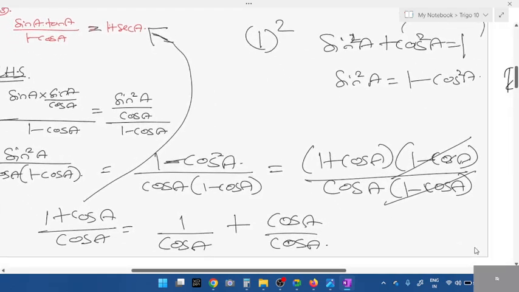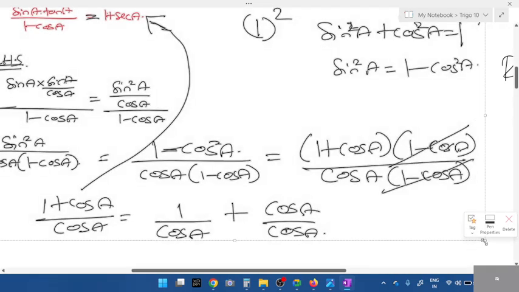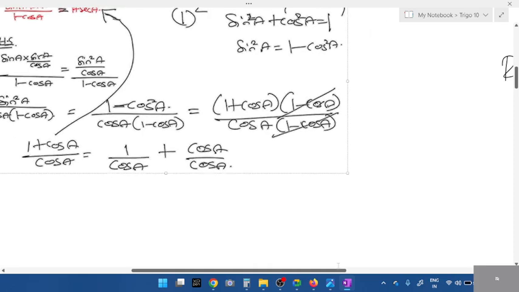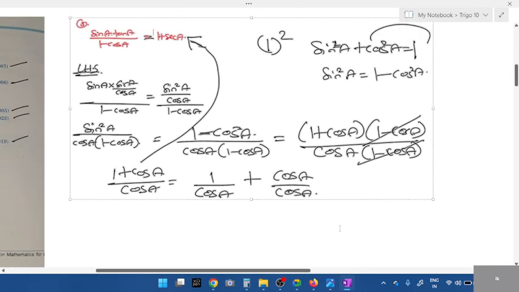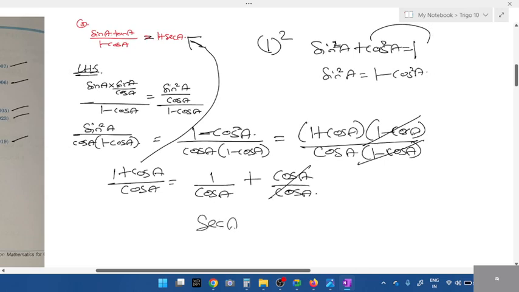This is how we have to solve this question. So you should know the concept. Okay, right hand side. Cos A and cos A is 1. 1 by cos A is sec A. Sec A plus 1. You can rewrite this as 1 plus sec A. Hence, you can write like this.